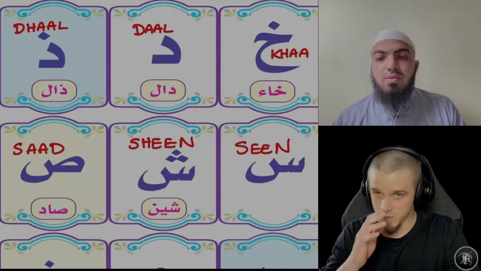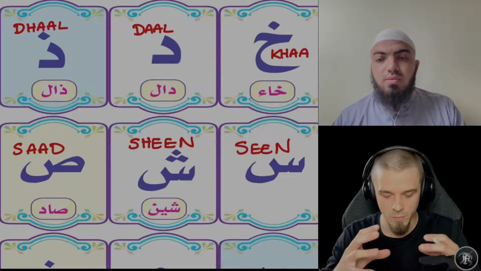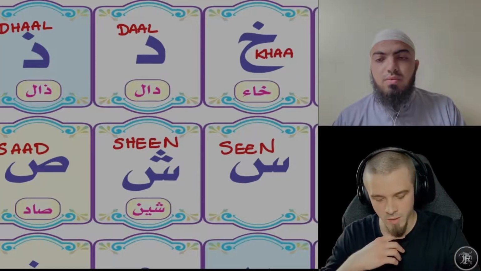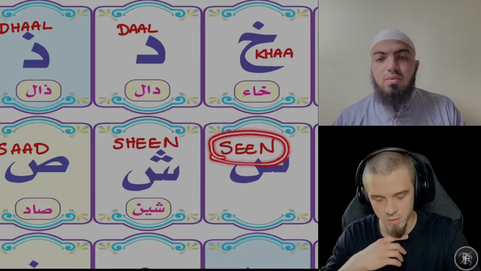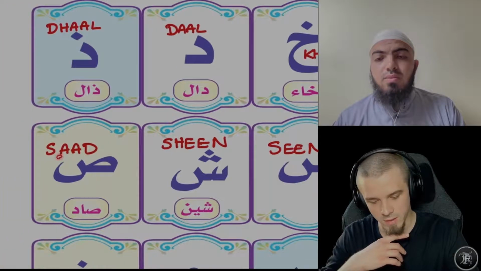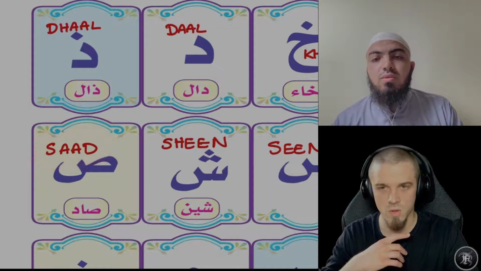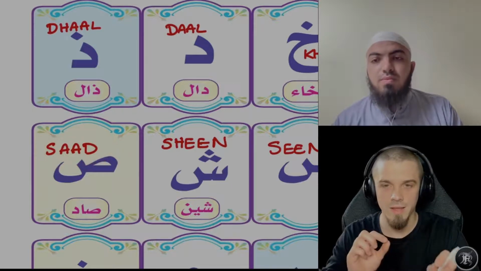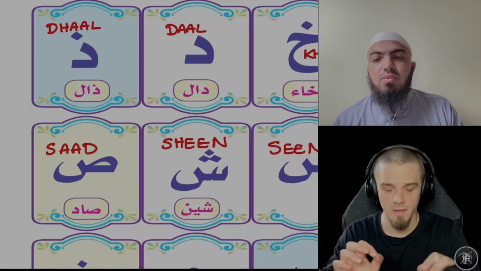But at this stage, to make it as simple as possible for you to get the ball rolling, we advise that you just memorize this symbol and remember that it's called seen, and the same with this symbol, and relate it to the word sod. These are the names. There is a difference between how you pronounce the S's.